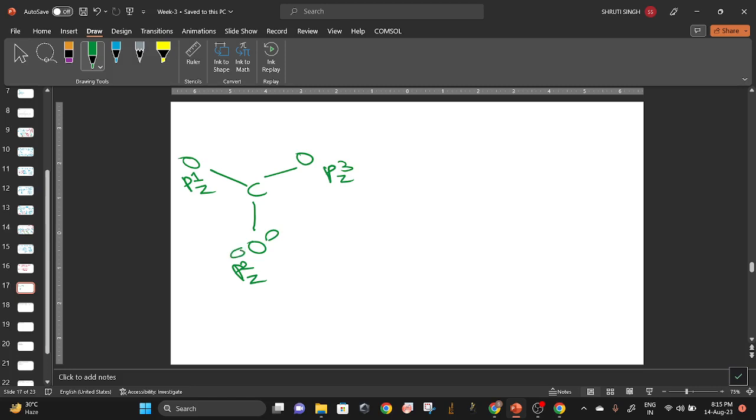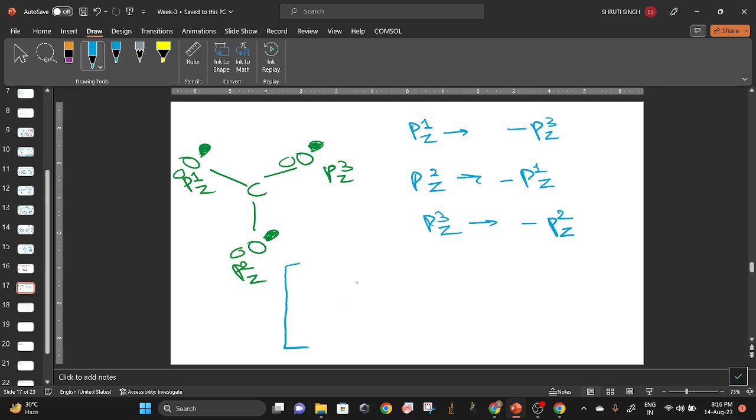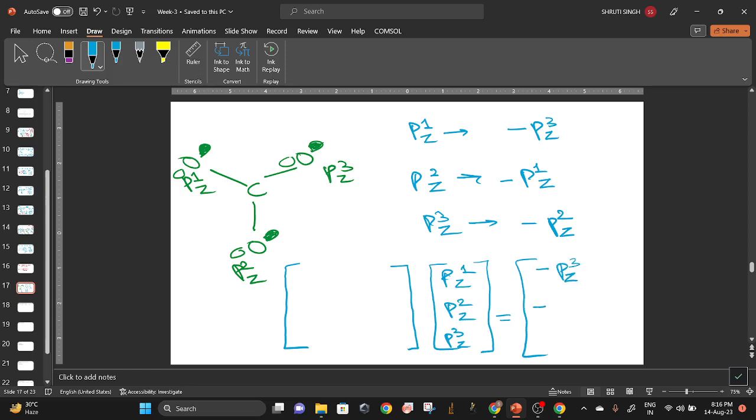Now can you guys write the matrix fast? pz1 became pz3, 2 became pz1, and 3 became pz2.